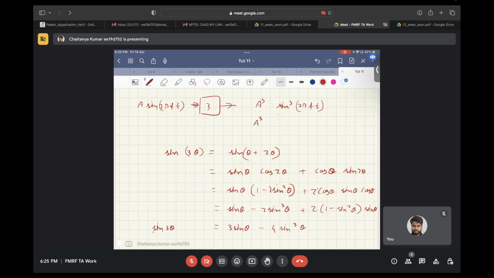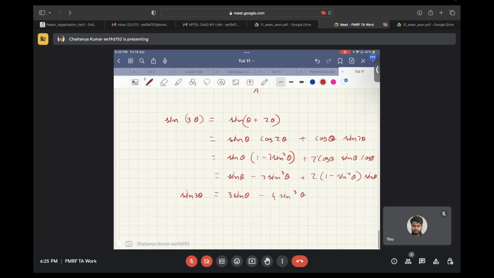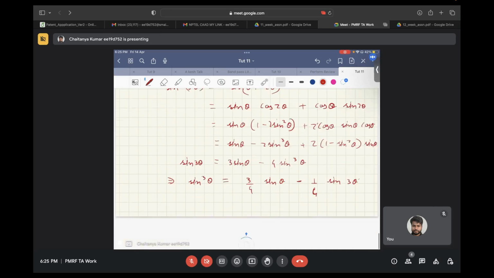So this is equal to sine 3 theta, so from here, sine cube theta can be written as 3 by 4 sine theta minus 1 by 4 sine 3 theta.